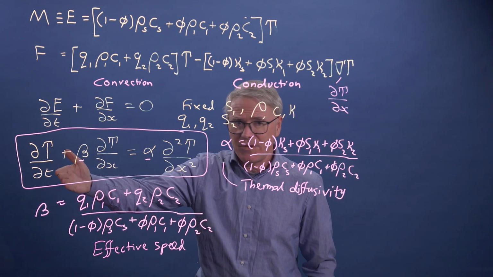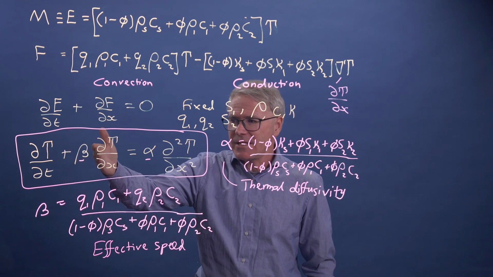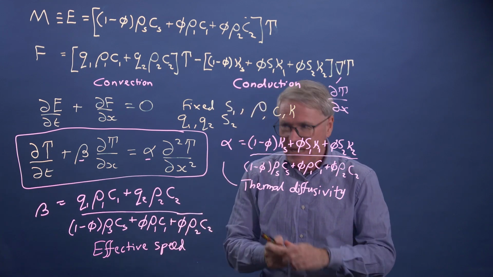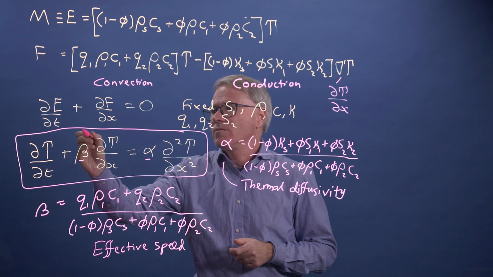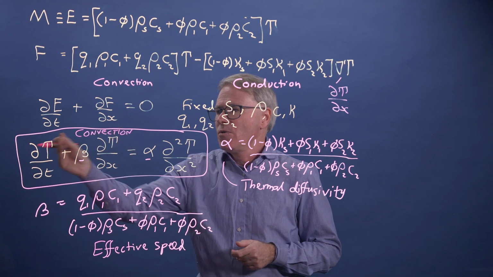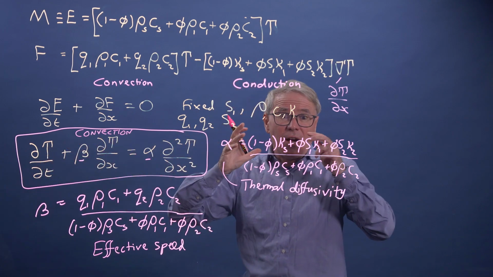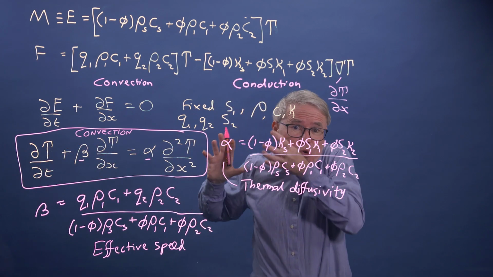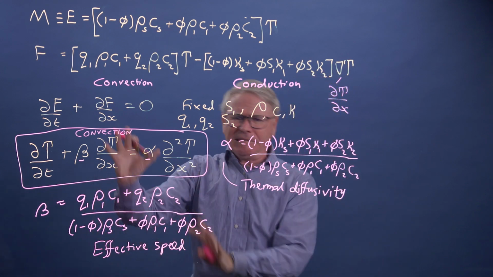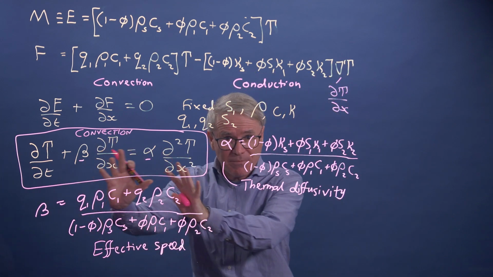There's a time derivative here, then there's a spatial derivative, and this spatial derivative is due to convection. So temperature will change with time because, say, I'm injecting hot water and it's moving through the porous medium. Don't overthink it; all these terms look complicated, but that's physically what's happening.